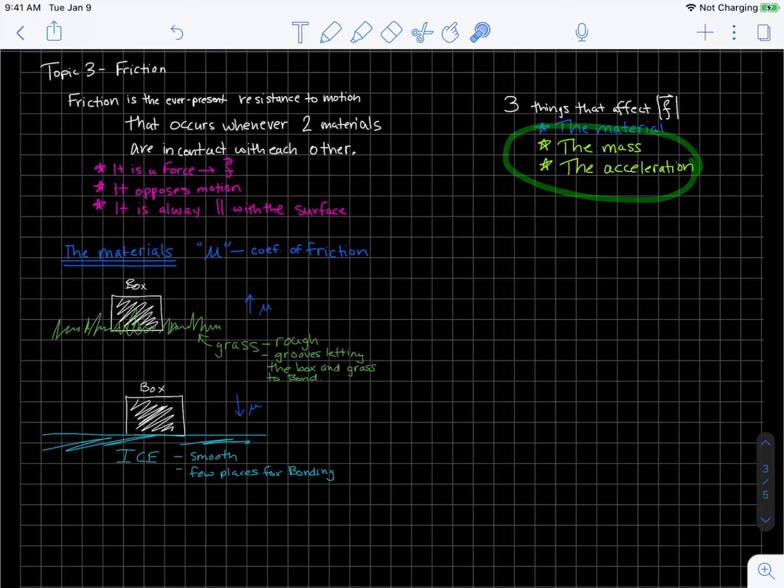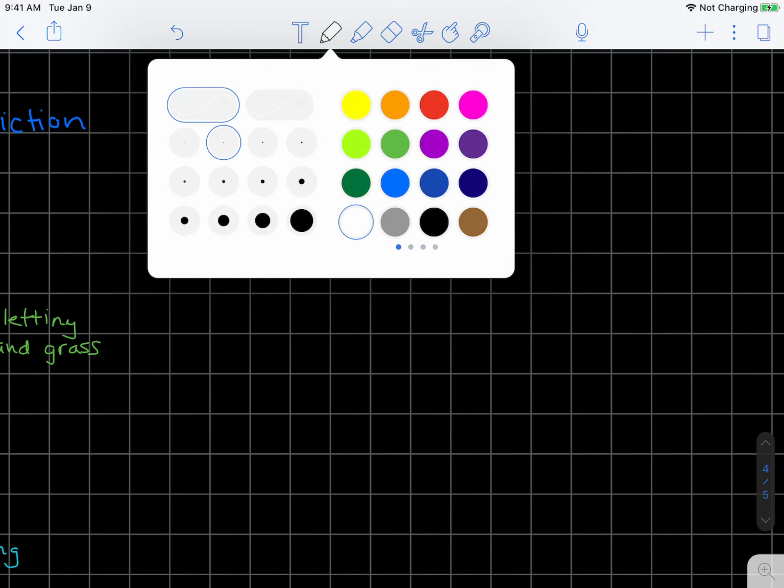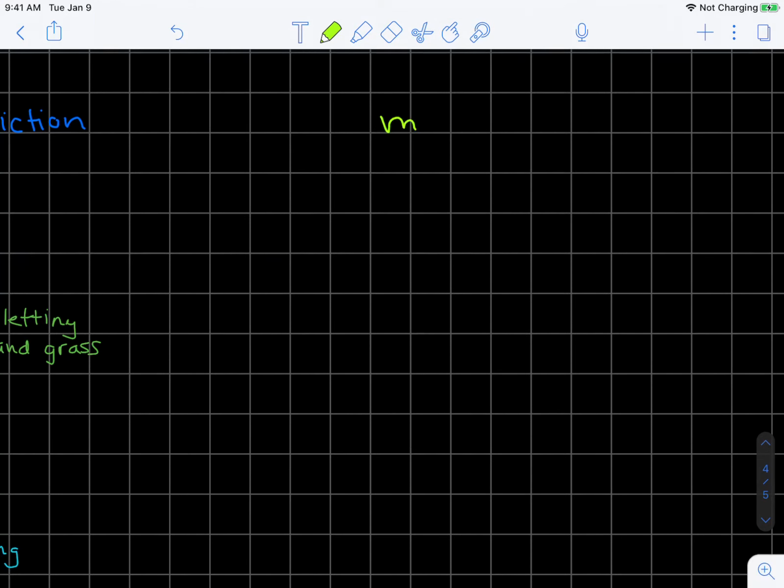Next, I want to look at the mass and the acceleration. Obviously, if the box is large, it's going to be harder to push. It's going to have more surface touching another surface, so that would increase the friction.